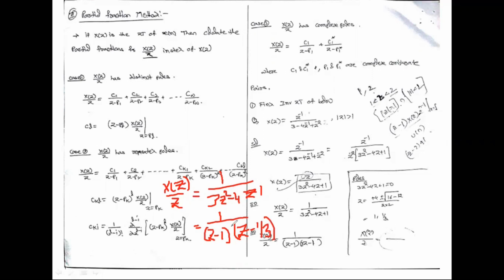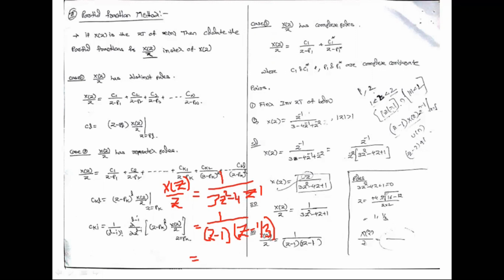We can write as 3z minus z and minus 3z. We will get the same thing. Multiply these two, the 3z minus 1, or you can write as 1 by 3.